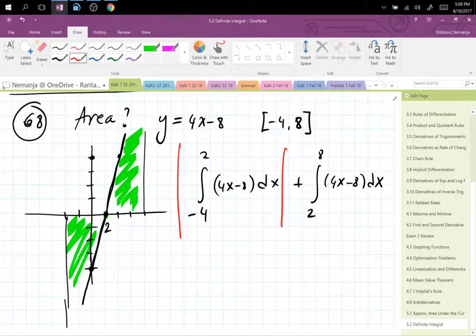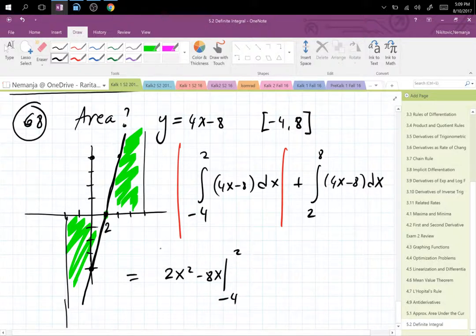We'll address those formulas later: if the limits swap, then the integral gets a minus in front. That's a formula. So we have 2x squared minus 8x, computed from -4 to 2 in absolute value, plus 2x squared minus 8x, computed from 2 to 8.